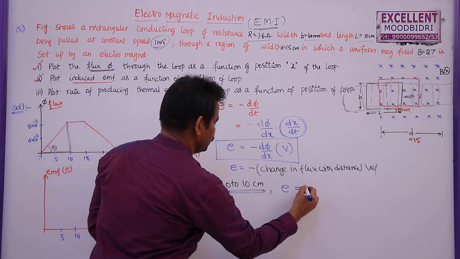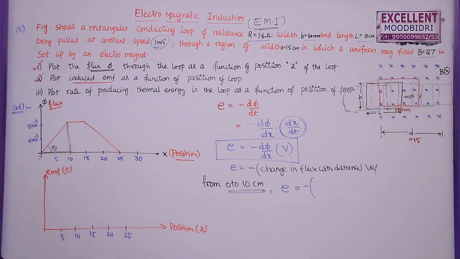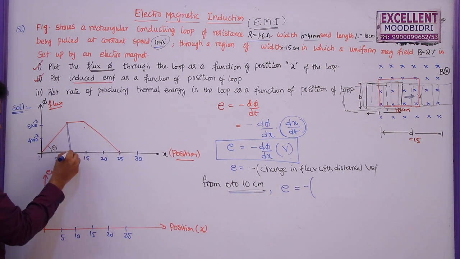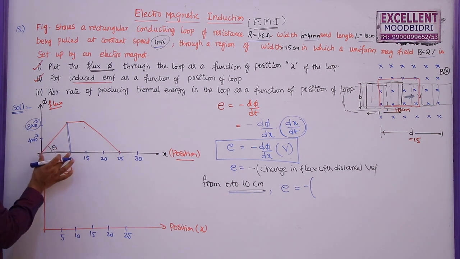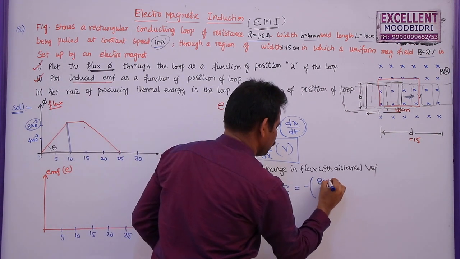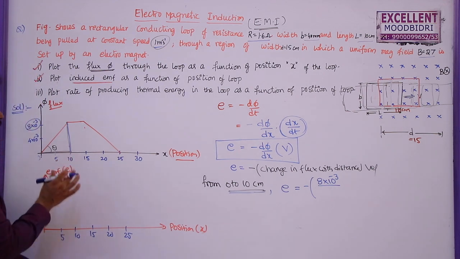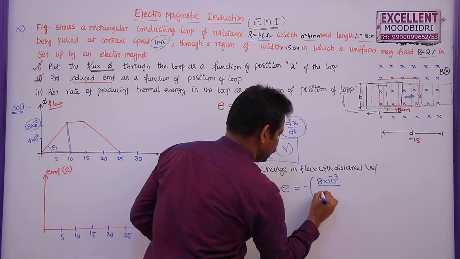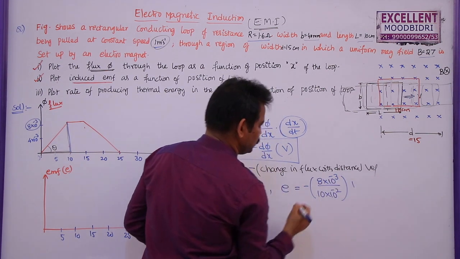The EMF is given by minus of the change in flux with the distance. So what is the change in flux for the first 10 centimeters? This is 8 into 10 power minus 3 over 10 centimeters. So I am going to write 8 into 10 power minus 3 divided by 10 into 10 power minus 2, into velocity 1.